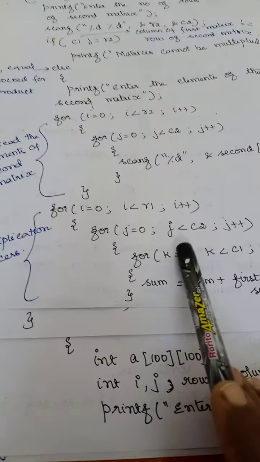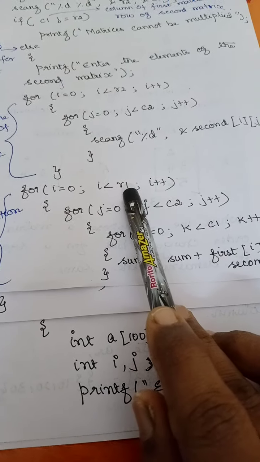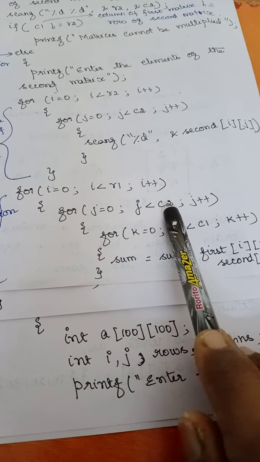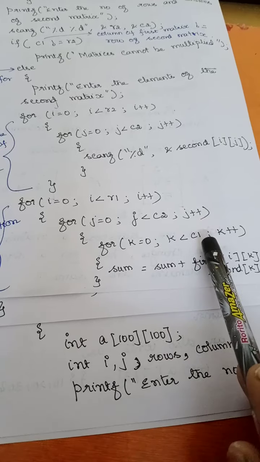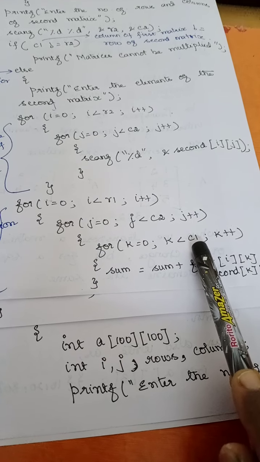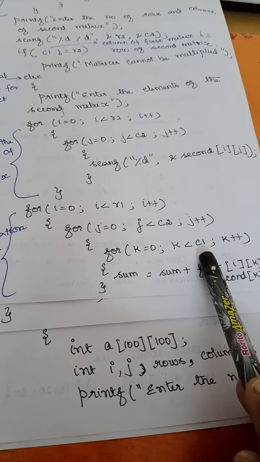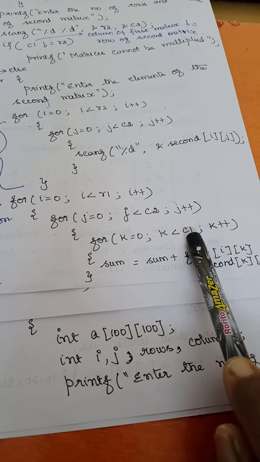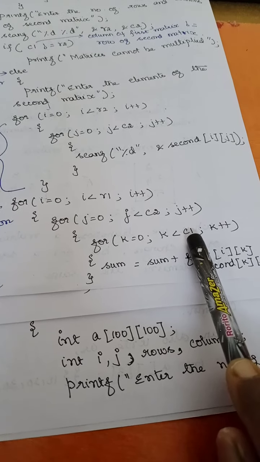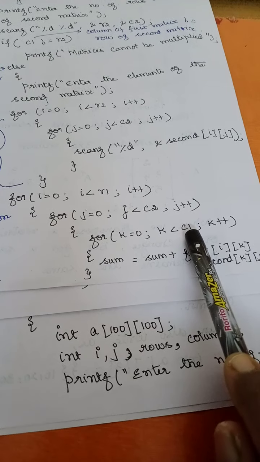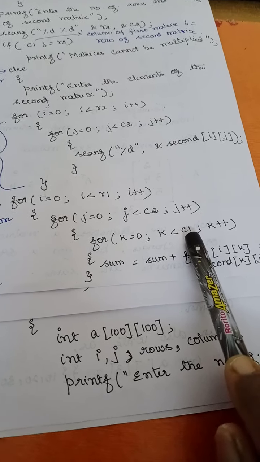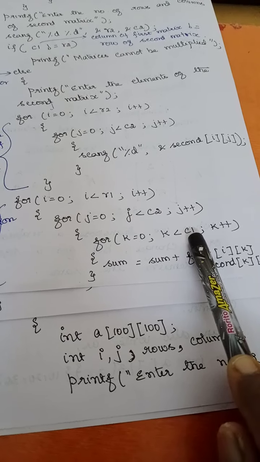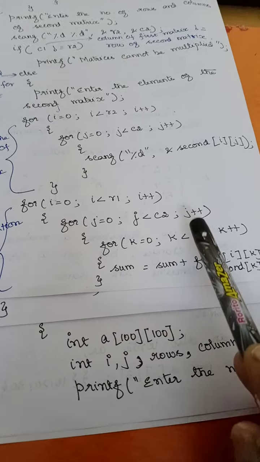That is what we have done here. Row of the first matrix, column of the second matrix, and which is common here? Right? C1 equal to R2. So here in the place of C1, either I can use C1 or else I can use R2, because both the things are going to be the same. Only if both the things are the same, you can do the matrix multiplication, right?